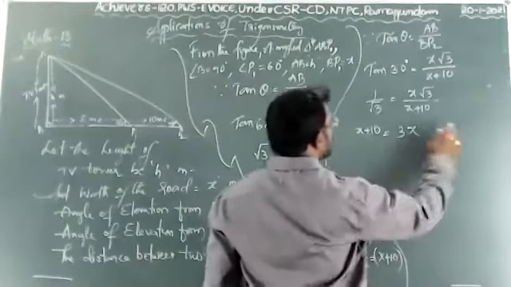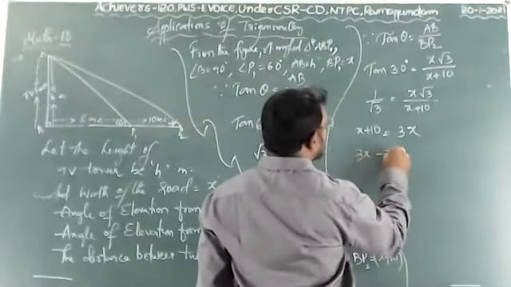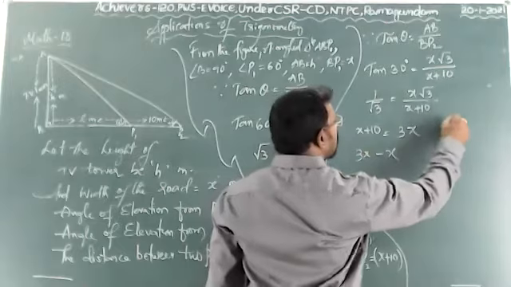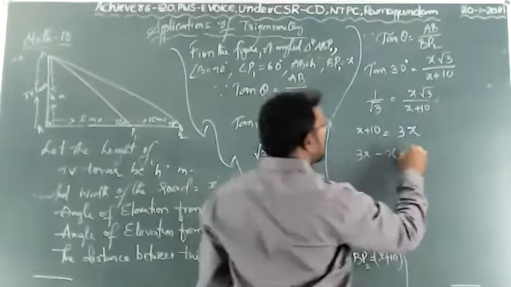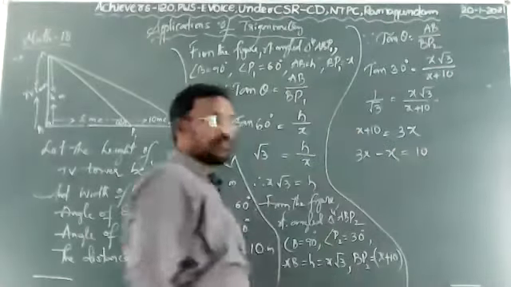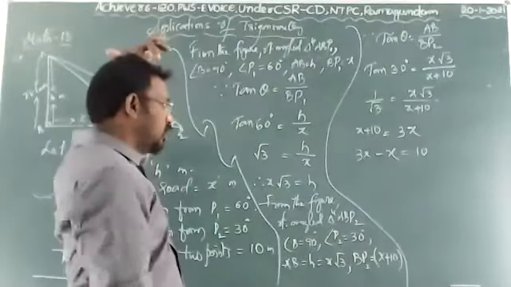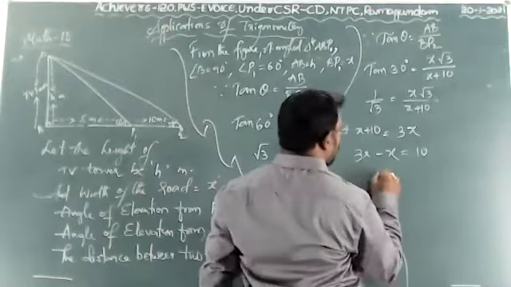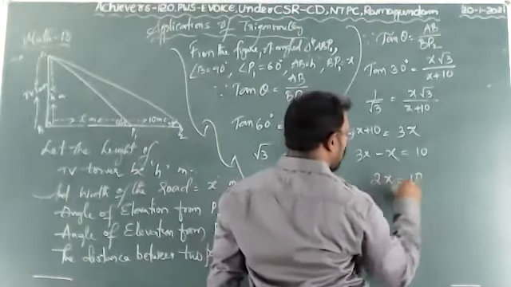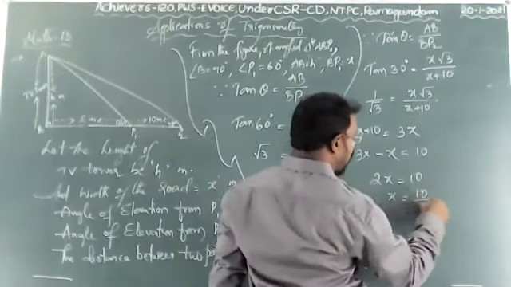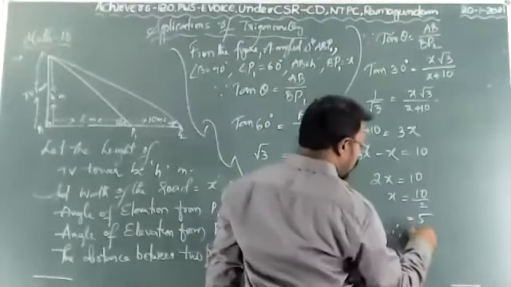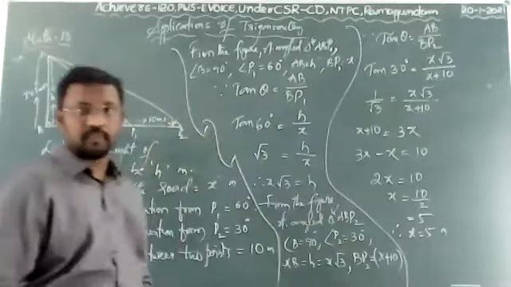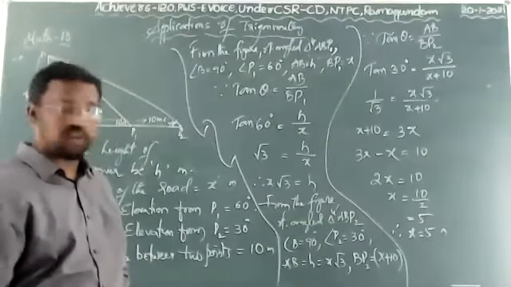Yes, this x sent to this side becomes minus x. 3x minus x is equal to 10. 3x minus x, how much? 2x. So x is equal to 10 by 2, therefore x is equal to 5 meters.